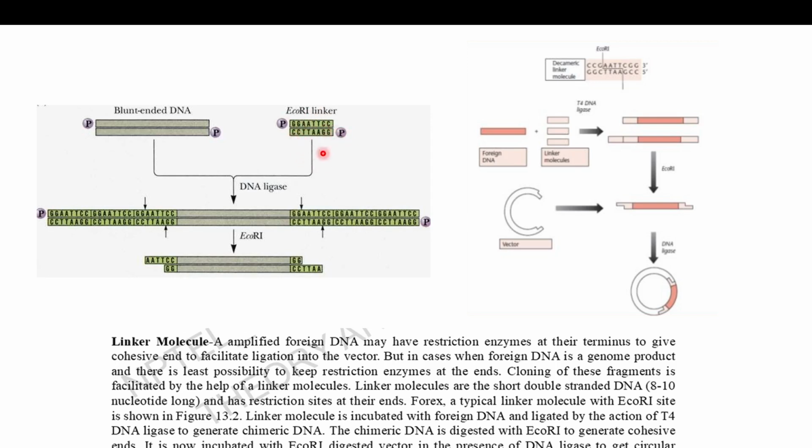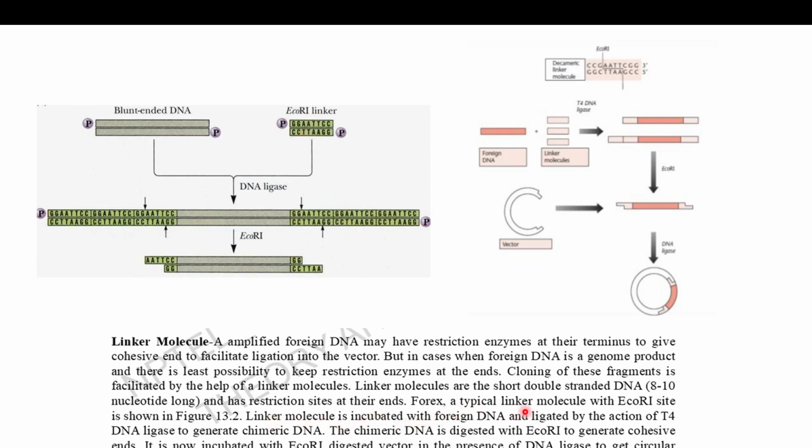Now this type of linker is created, which has restriction sites for EcoRI activity, and it is ligated at the ends of this double stranded DNA, the gray one shown here. In the presence of EcoRI, this cuts at these specific sites. Now this was a blunt ended DNA, and now it has proper sticky ends. So linker molecules are short double stranded DNA, 8 to 10 nucleotides long, with restriction sites at their ends.